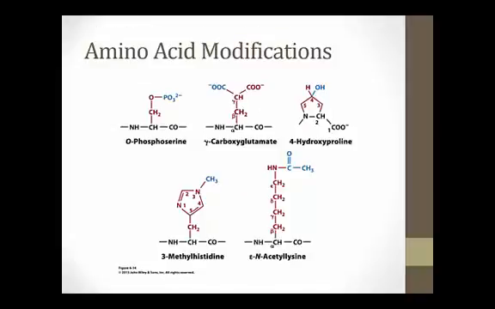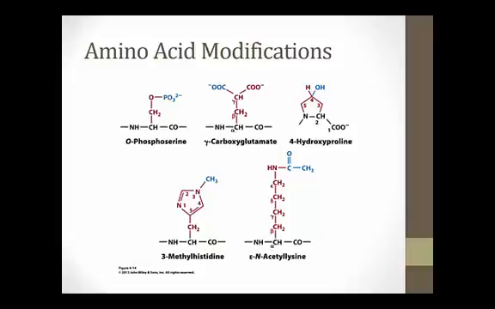The side chains of amino acids can be further modified and are often sites of chemical reactions such as phosphorylation, carboxylation, hydroxylation, methylation, and acetylation. These modifications may occur immediately following translation and are called post-translational modifications and are often required to make the protein fully functional.